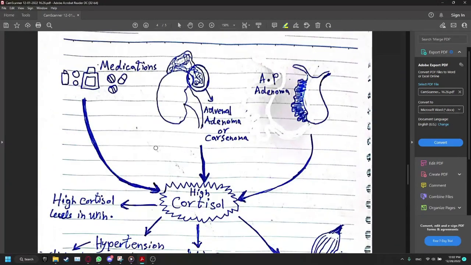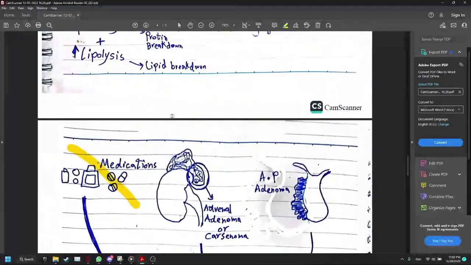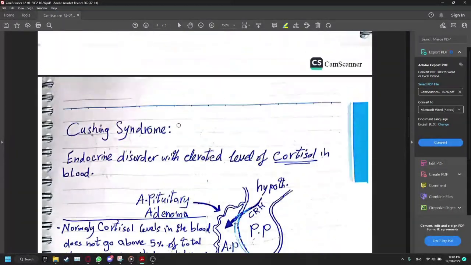The treatment is to stop the medications, remove the adrenal adenoma or carcinoma, or surgically remove the adenoma of the anterior pituitary gland. Those are the treatments of Cushing syndrome.